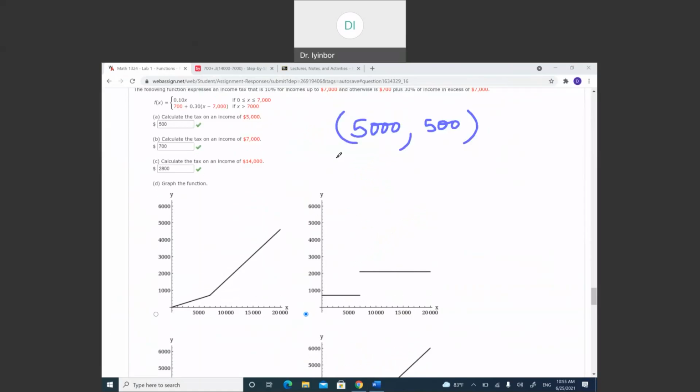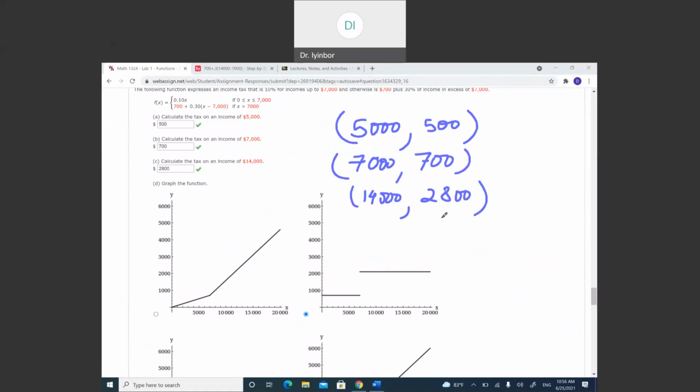The other one is when the income is 7,000, the taxes are 700. That's my second point. And then I have one more, which is 14,000 and 2,800. So now I have to kind of zoom the graph to see which one of those it is.